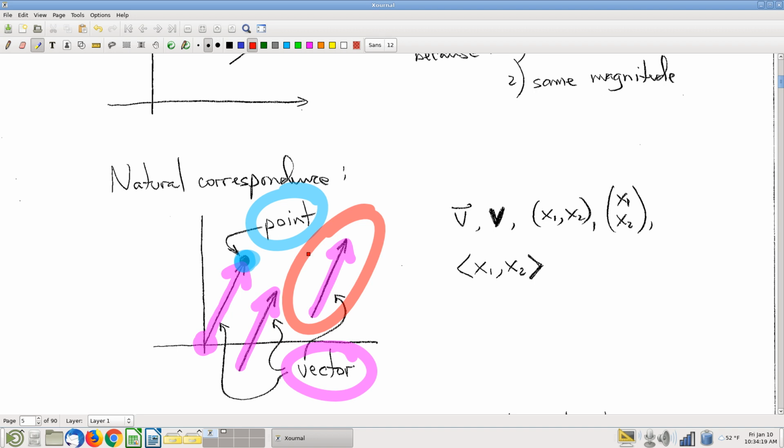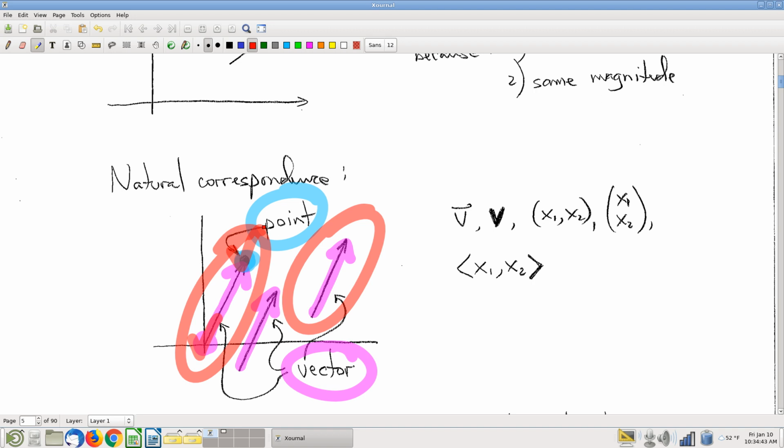The vector that I'm talking about there is just the direction and magnitude described by that arrow that I've drawn. And the natural correspondence requires that we talk about that same vector with its tail at the origin. And that then describes this corresponding point. Okay, so for every point there's a vector. For every vector there's a point.